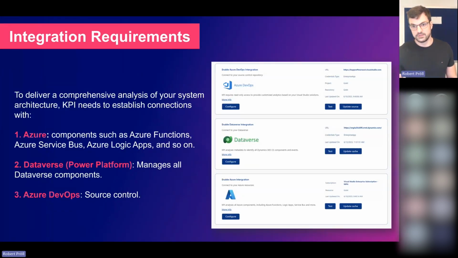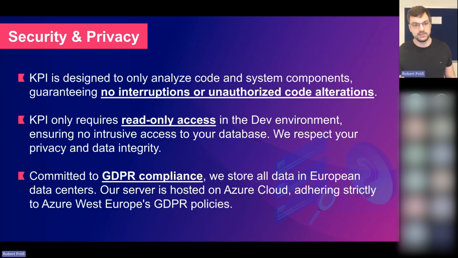What you have to do is say configure, then you have the URL and the credential types. In this case, it's enterprise app, which means app registration and enterprise application on the customer side. But of course, you can also use username and password and application users. So at the end, it's really easy. Then you click on save, and that's it. Regarding different environments, yes, we're currently working on that.